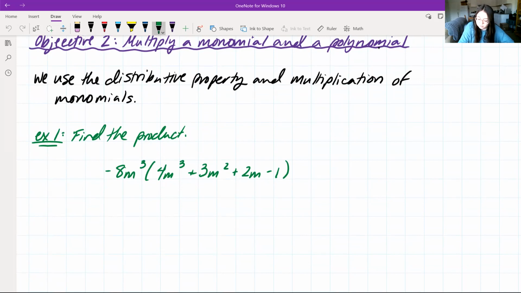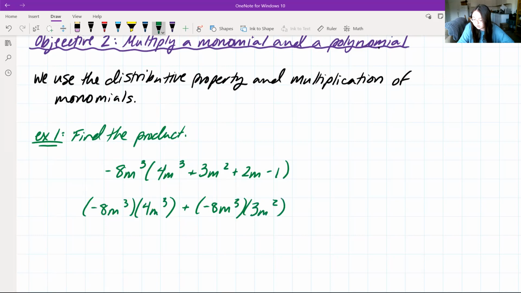So we use our distributive property, and we're going to have negative 8m cubed times 4m cubed plus negative 8m cubed times 3m squared plus negative 8m cubed times 2m minus negative 8m cubed times negative 1.